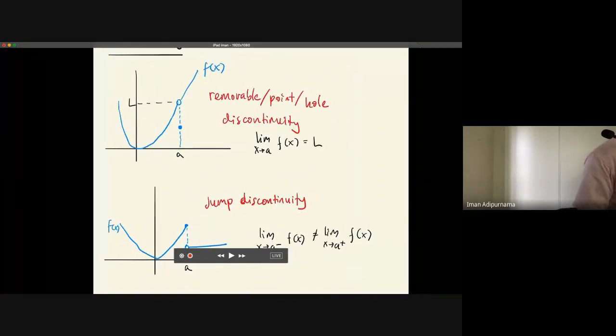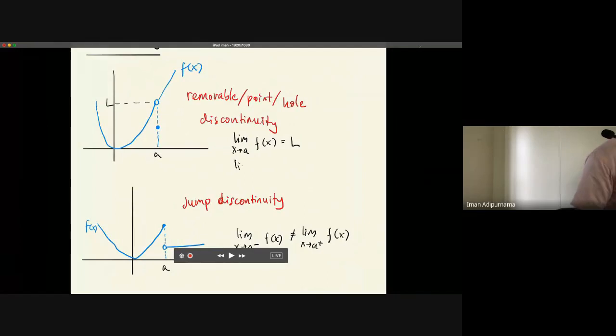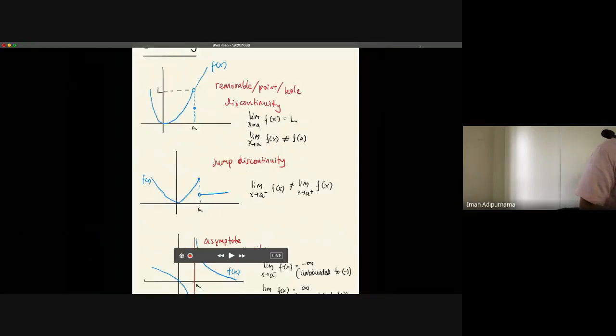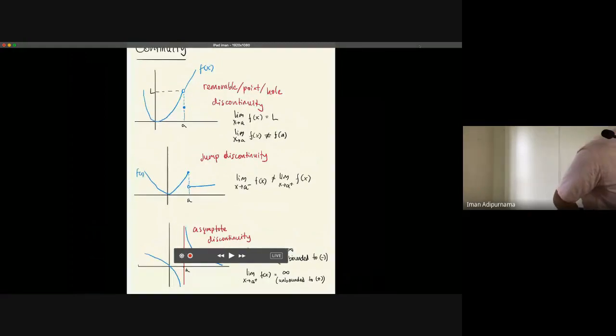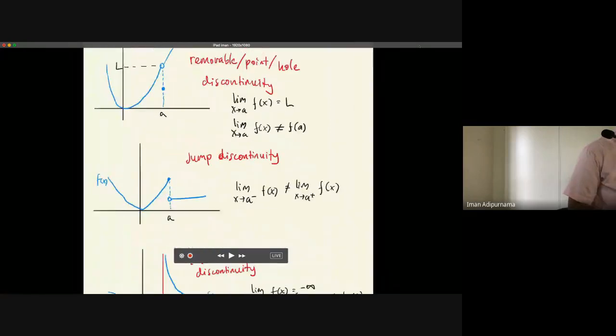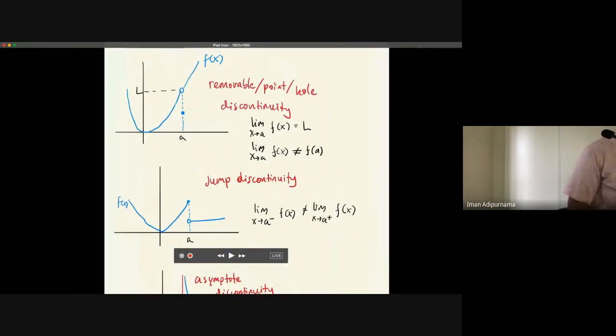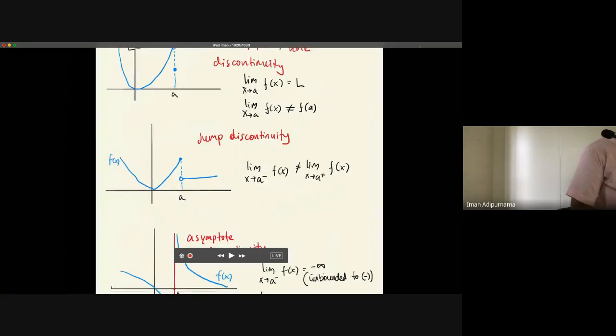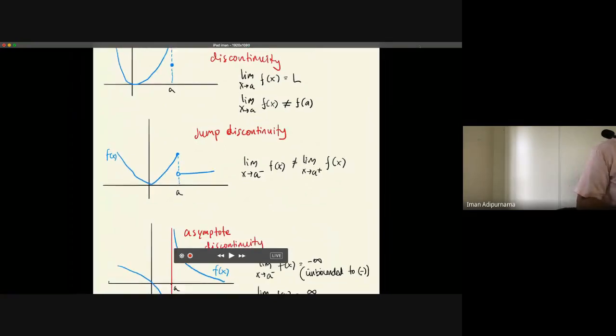So the limit as x approaches a is not the same as f(a), from this graph. But when it's equal, that's continuous. First hole discontinuity, jump discontinuity, asymptote. At least we have these three cases.